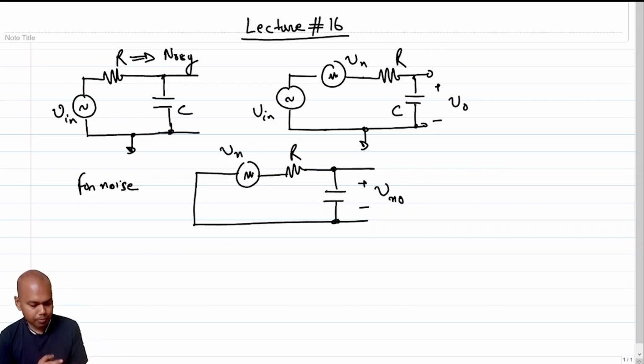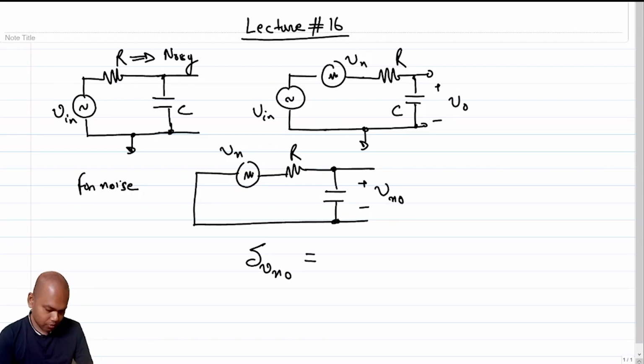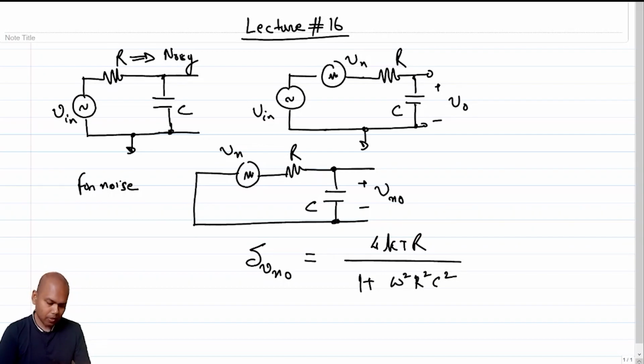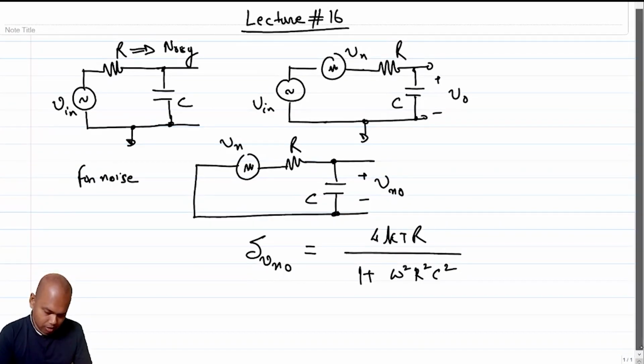We found that the power spectral density of the noise voltage is 4kTR, that is the power spectral density of Vn, divided by 1 plus omega square R square C square, right? This is where we stopped in the previous lecture.